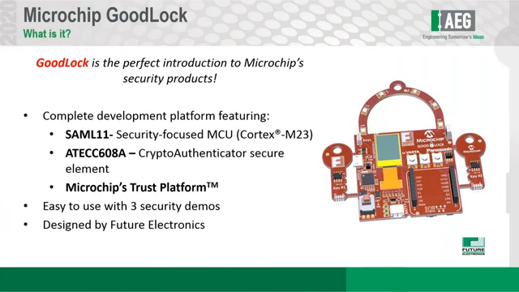GoodLock comes with 3 demos that are showing all the key functionality of the product. So with the eval board, you are able to do the demo. You are able to look at the performance of the SAM11.